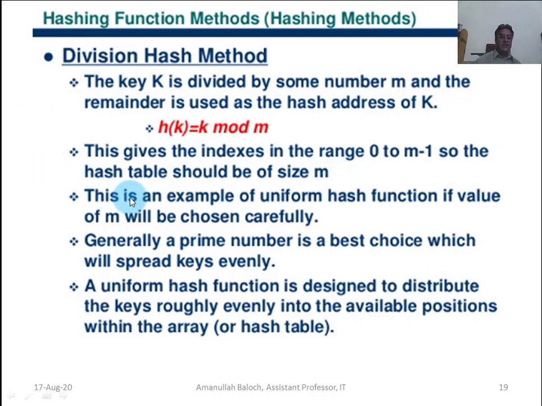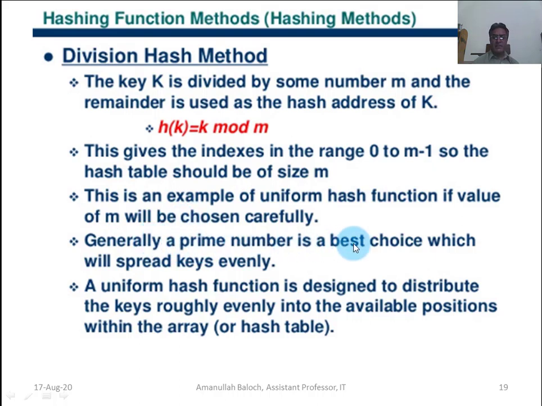This is an example of a uniform hash function if the value of m is chosen carefully. If we choose the value of m very carefully, it should be prime. If it is odd or even and has many factors, then it will not uniformly distribute the values in the array. So we should choose the value of m wisely.